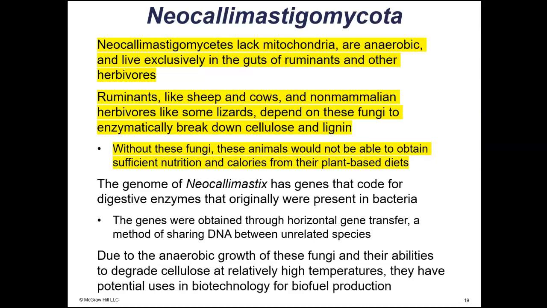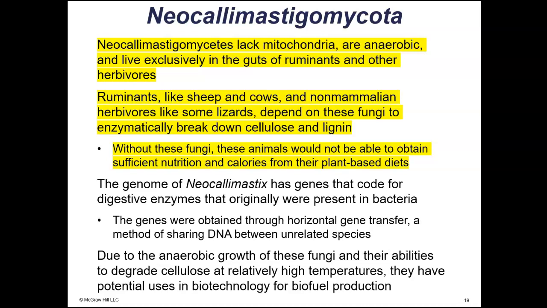They're anaerobic, so they do not require oxygen, and they live in the guts of ruminants like cows and other herbivores. Ruminants like sheep and cows and non-mammalian herbivores like some lizards depend on these fungi to break down cellulose, which is found in plant cell walls, and lignin, which is also a very tough substance found in plants.